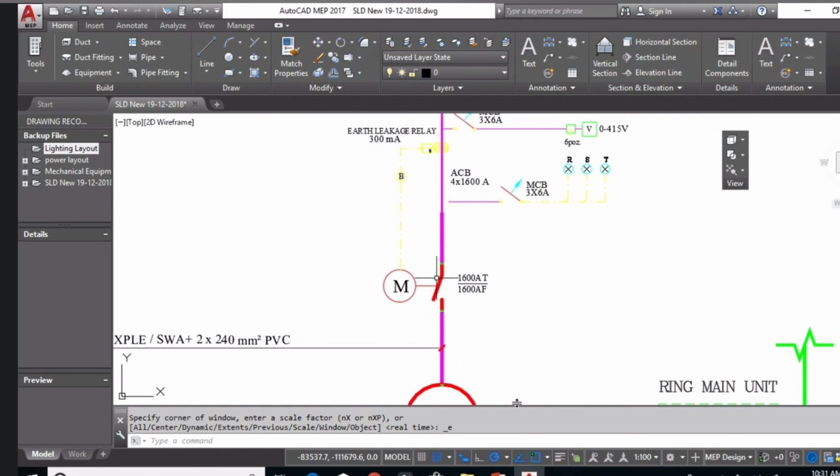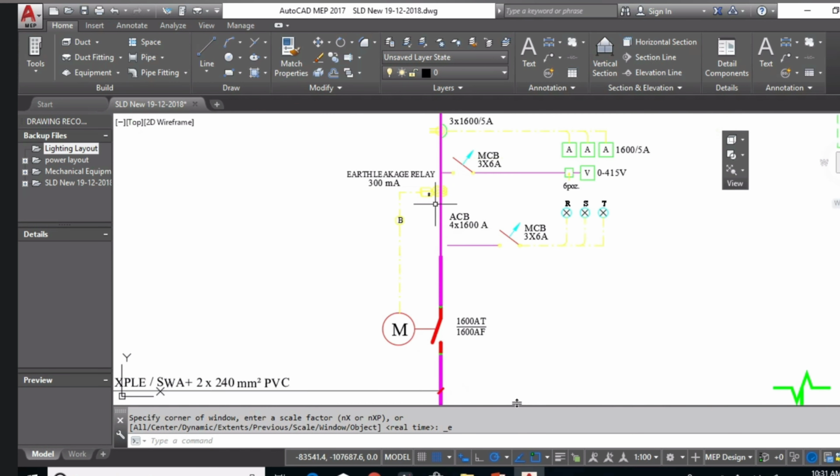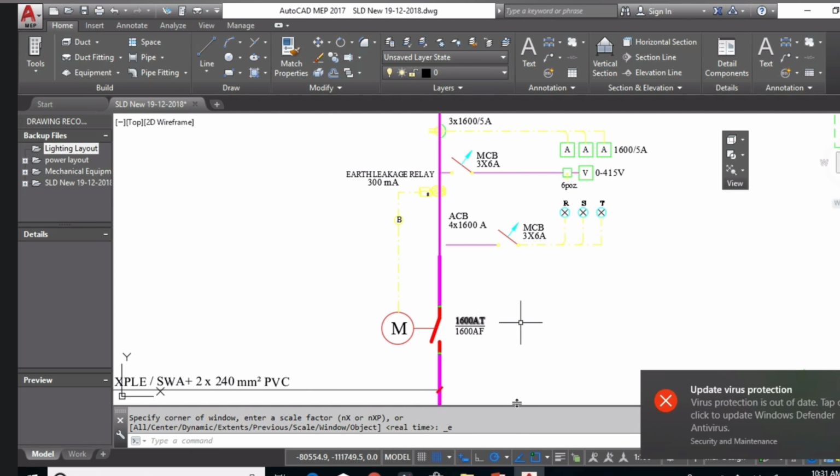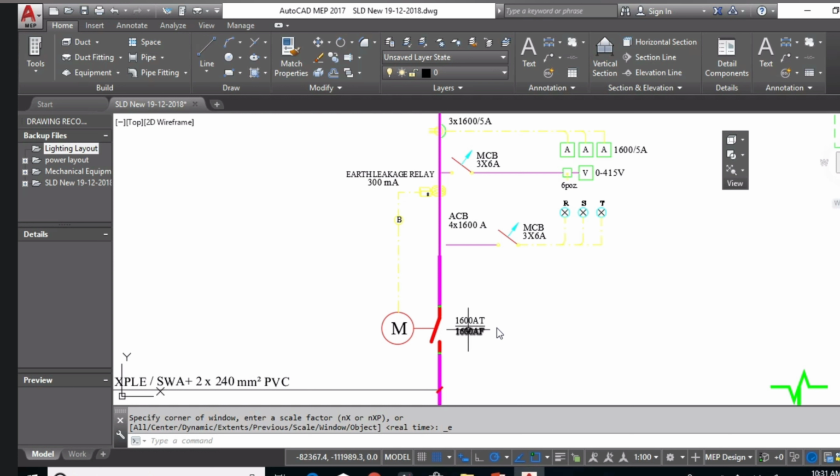And after that here I have a switch gear, and I also have a sensor for the earth leak relay, and the size of the switch gear is 1600 ampere trip and 1600 ampere frame.